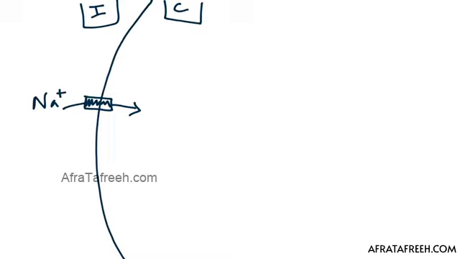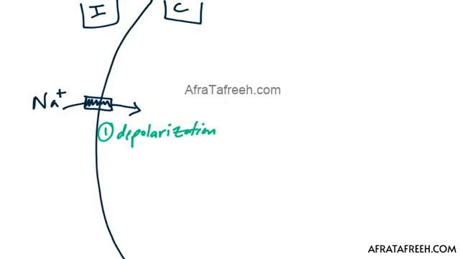This causes the cell to further depolarize and is the first step in contraction. The depolarization causes the voltage-sensitive L-type calcium channels to open, which allows calcium to enter the cell. This is the second step in contraction.